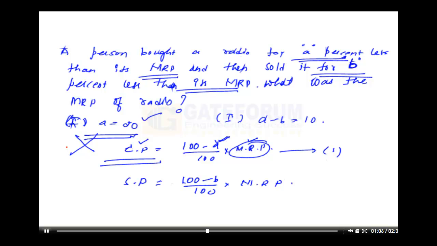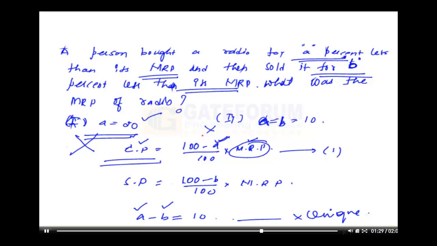Now let us look into statement 2. A minus B is equal to 10. Then we will have an infinite number of values of A and B which satisfy this equation. So values are not unique, so we cannot answer by statement 2 only.